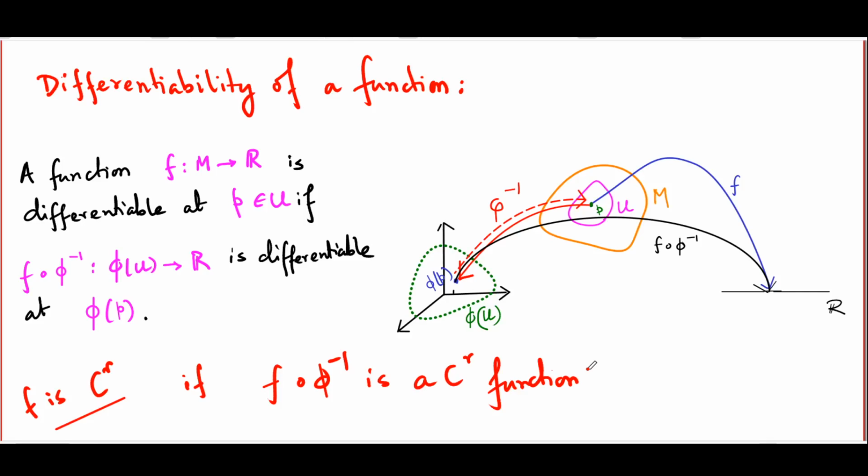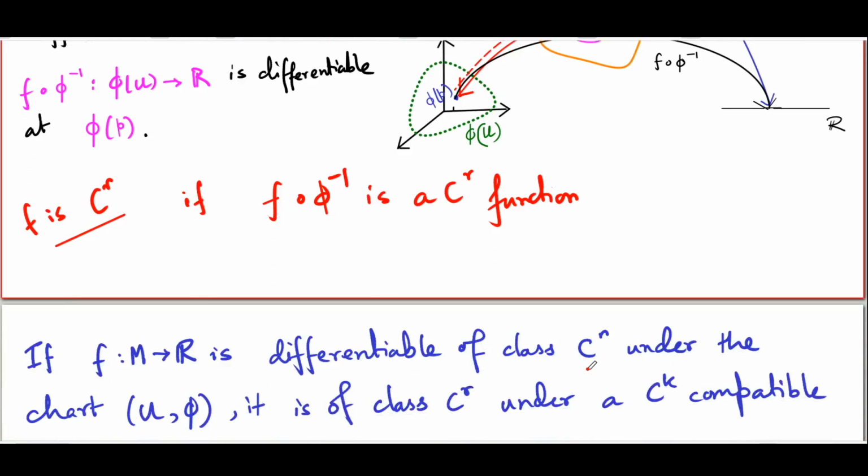Now, the whole question that we want to address is, if the point P belongs to the intersection of two different domains U and V of two different charts, and we use the proxy functions f composite phi inverse or f composite chi inverse to talk about its differentiability, are we going to get the same result or not? And the answer is provided by the following.